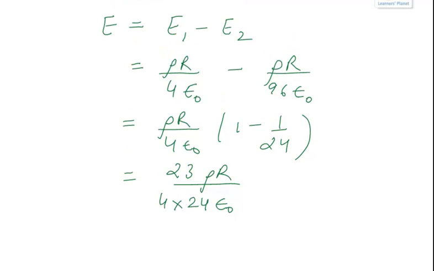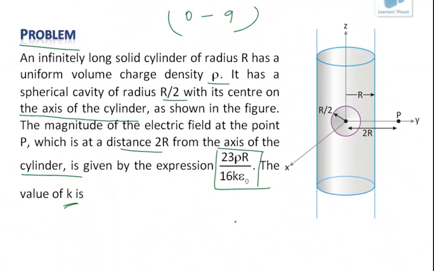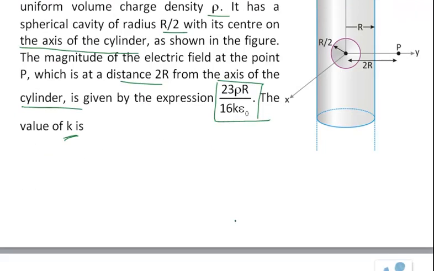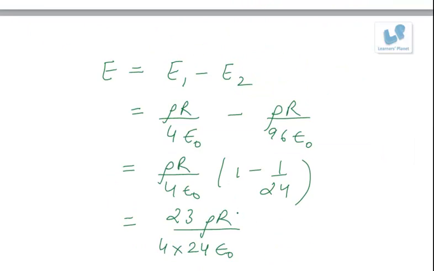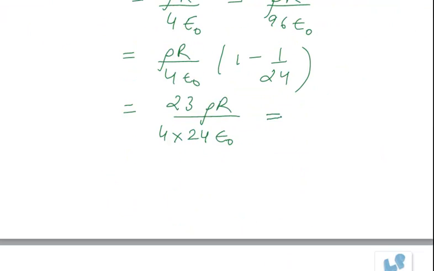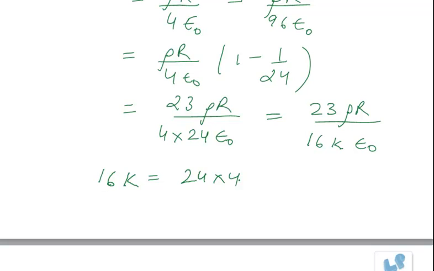Now, the expression given in the problem was 23 rho r by 16k epsilon naught. If we compare this with it, that means 16k becomes 24 times 4. So this is 4, and the value of k is 24 by 4, that is 6. So the correct answer is k equal to 6.